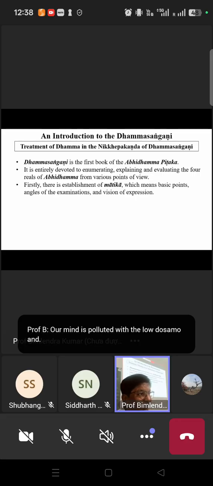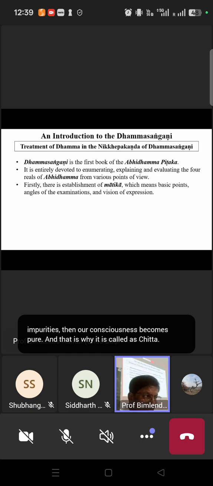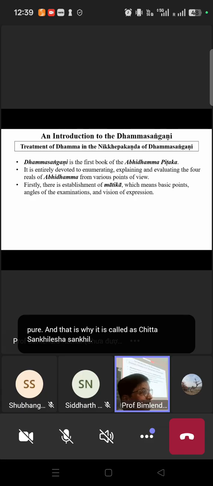Whenever we are free from all these impurities, our consciousness becomes pure. That is why it is called Chitta Sankilesa Sankilesanti and Chitta Bodhana Parisujjati. When the consciousness is free from all the defiling factors, there is a state of Nibbana, a state of eternal bliss.